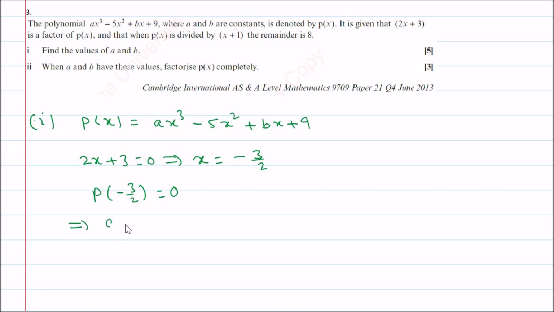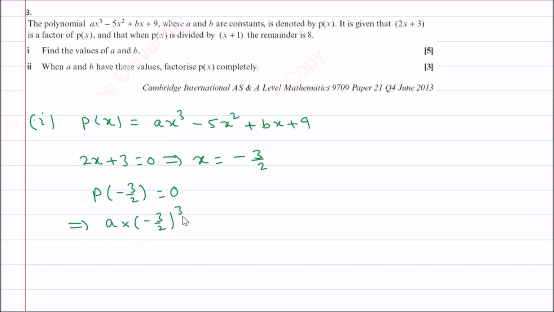So a into minus 3 by 2 cube. In place of x, we will substitute minus 3 by 2 in the given polynomial. So a times x cube there. So x value is minus 3 by 2.